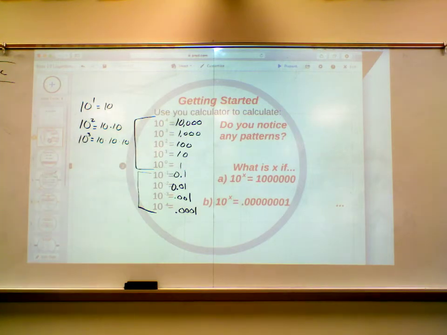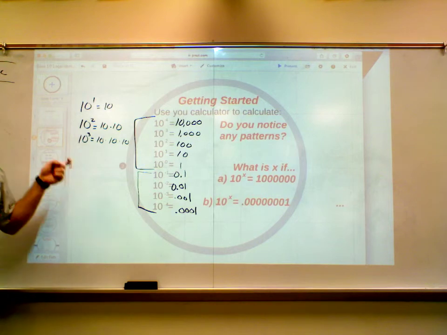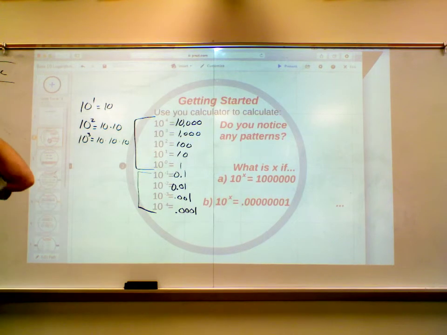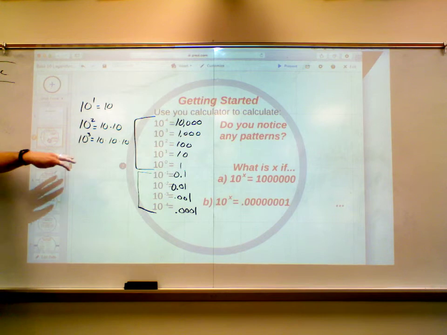Good. So yes, Gabby. So what if the 10 was negative? We'll get to that later. We're focusing just on positive 10 right now because what we're getting to is what's called logarithms base 10. So we're only working where our base is 10. And base being 10, we'll get to in a little bit. So, good question, though.